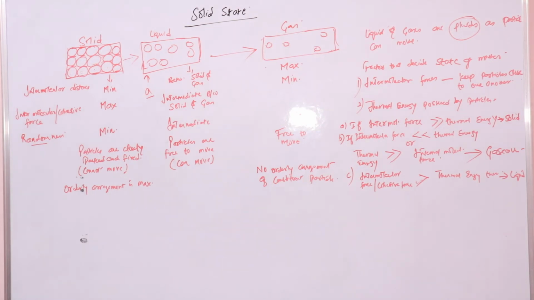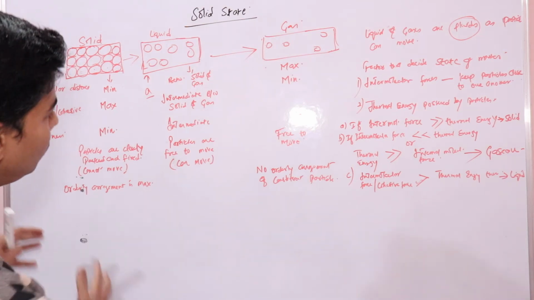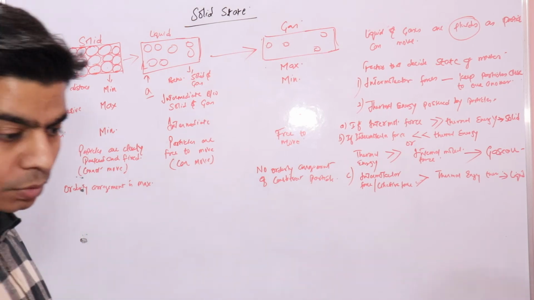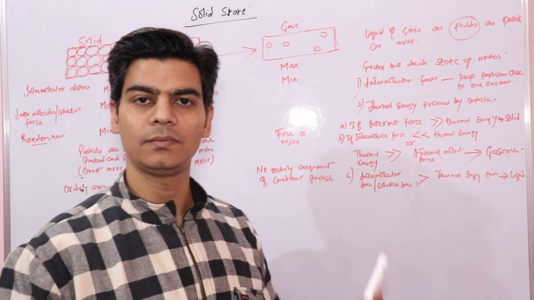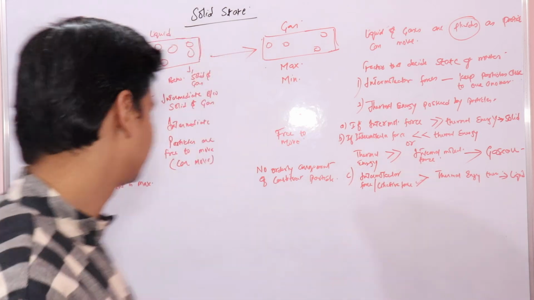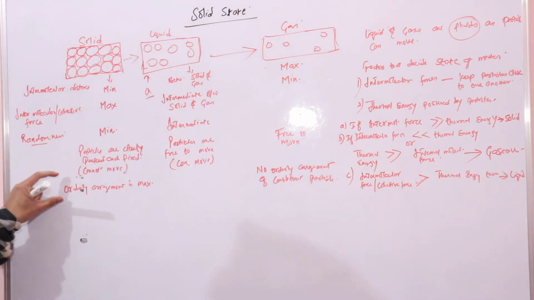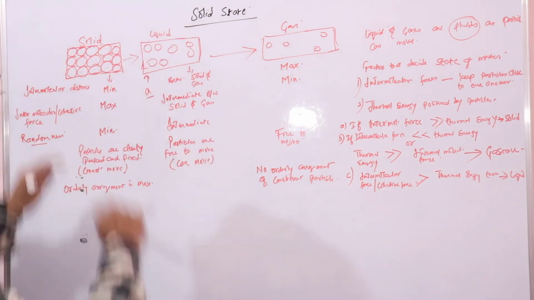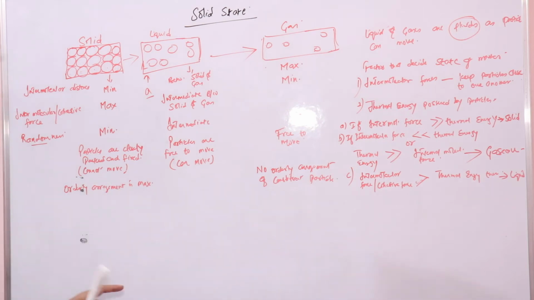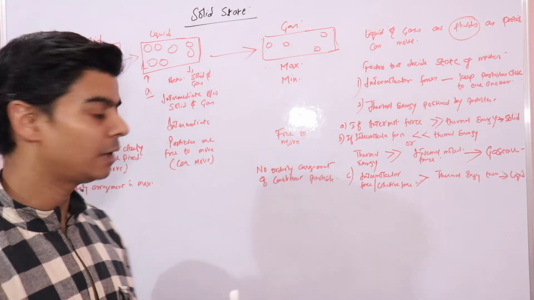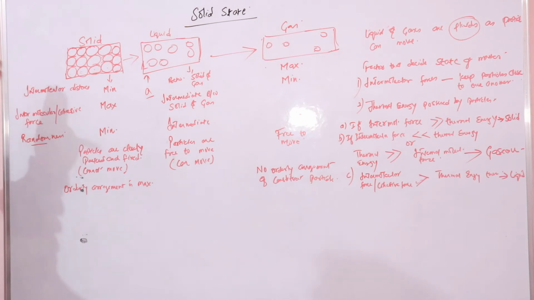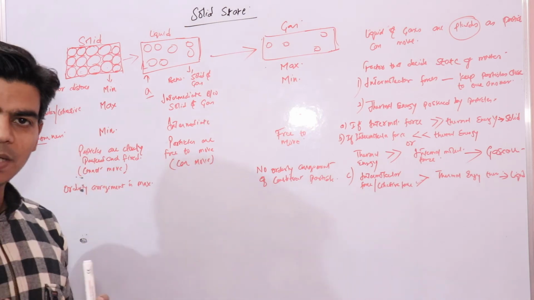Now let's talk more about the solid state, because throughout this chapter we would be dealing with the solid state, right? Since the particles in solids are close to one another, they have maximum intermolecular force of attraction, and the intermolecular distance is minimum.